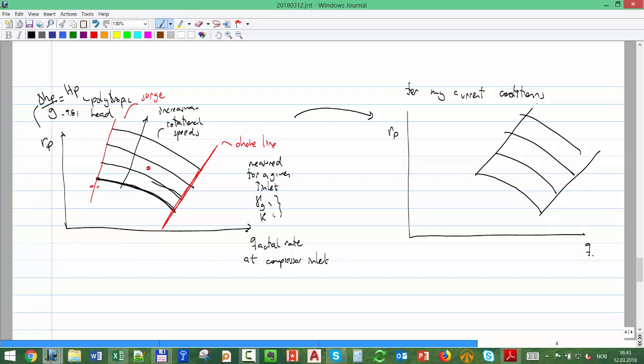Let's say that's my current condition, and that's my test performance conditions.